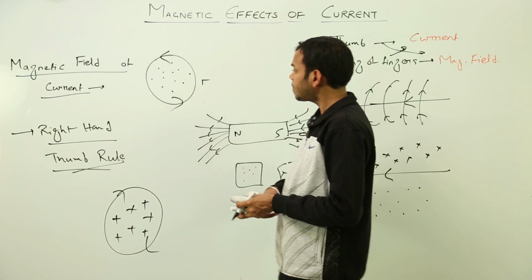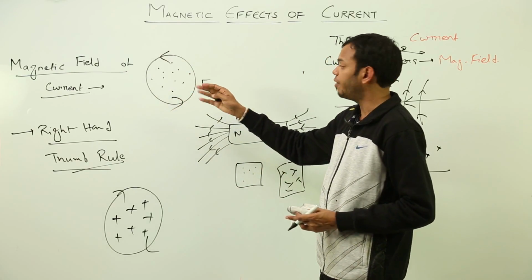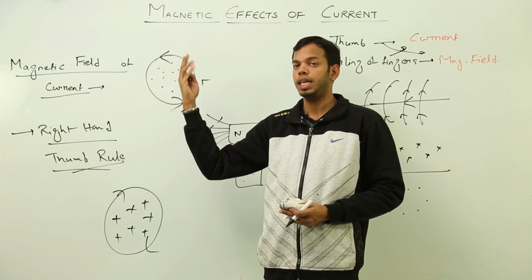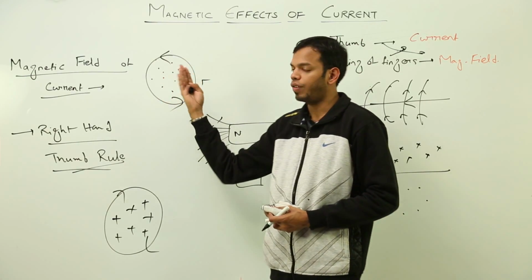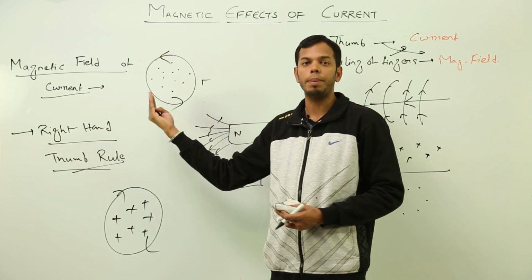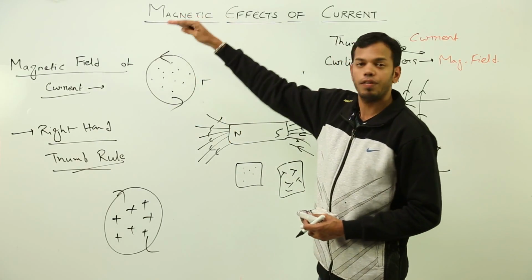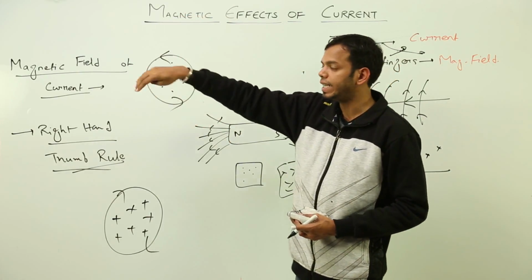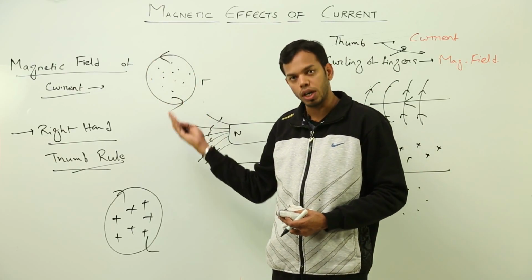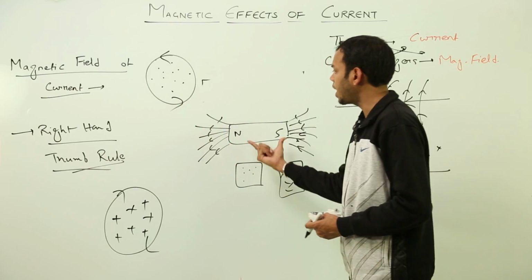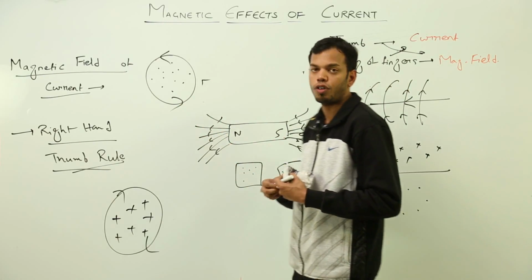That means this circular loop, if I place it in a vertical plane, is also going to behave like a magnet. How? Because from one side the lines are coming out, whereas after covering some loops they are going inside at the second region. So this current carrying loop, which is circular in nature, also behaves like a bar magnet according to the properties of the magnetic field.